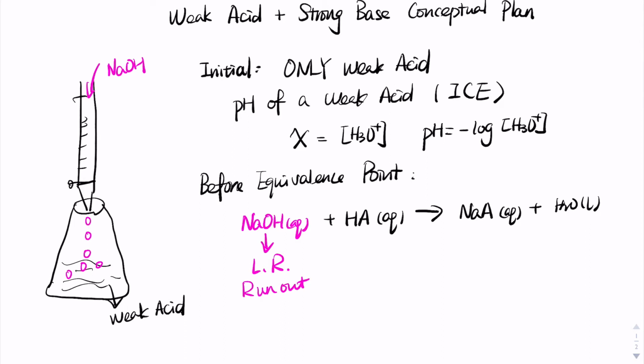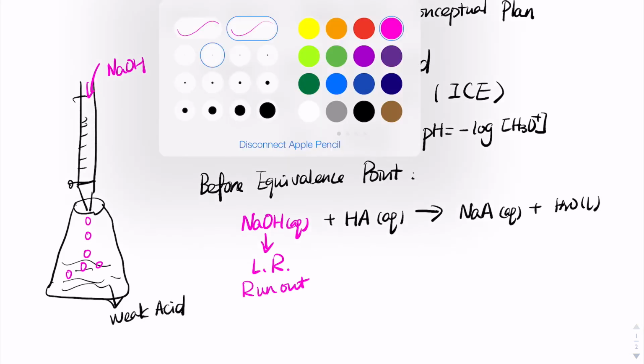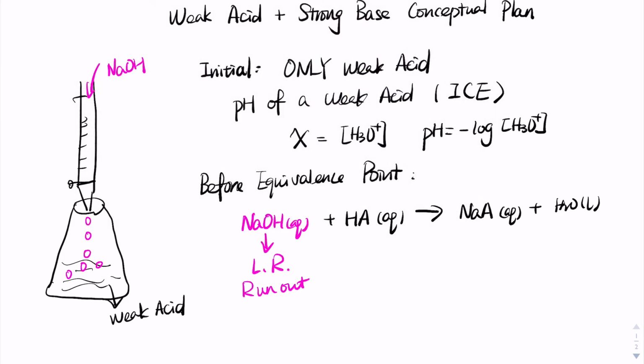So whatever amount you added, since it's a 1:1:1 ratio, you're going to use the same amount of the acid to neutralize it, and then you're going to produce the same moles of the salt.